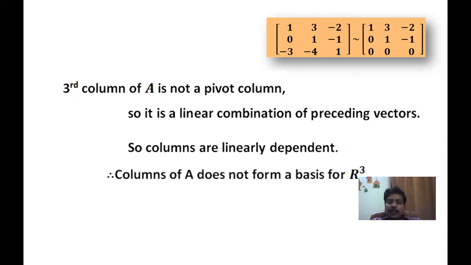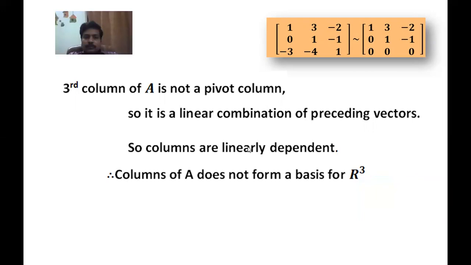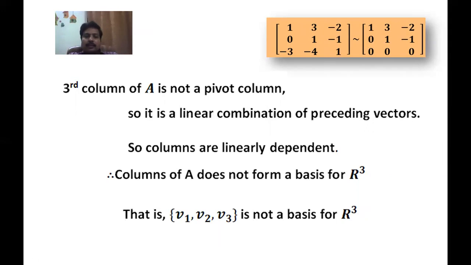So the columns of A do not form a basis for R3. In this example also, both the conditions have failed. It is neither linearly independent nor spanning the set R3. So the given vectors V1, V2, V3 are not a basis for R3.